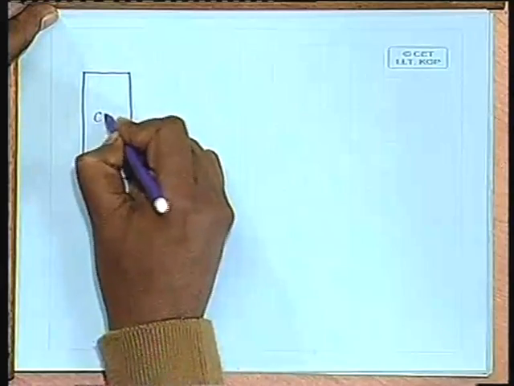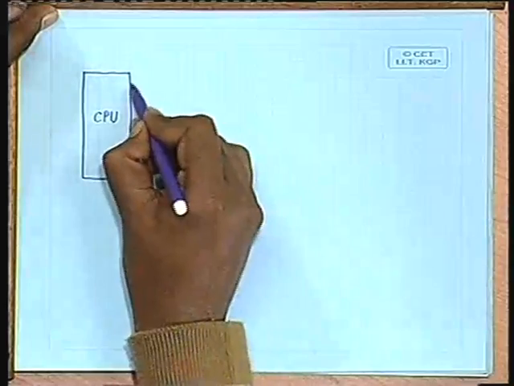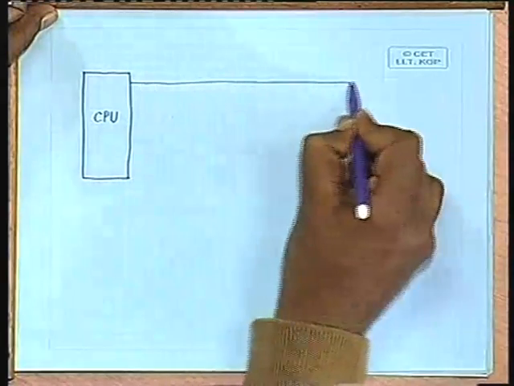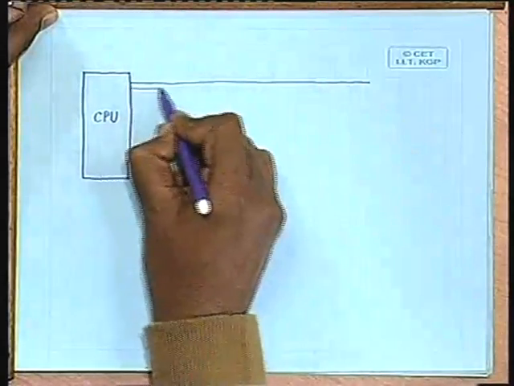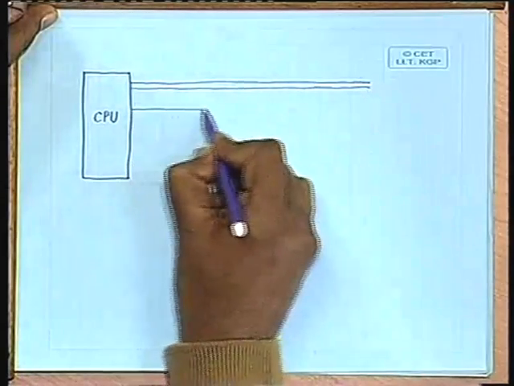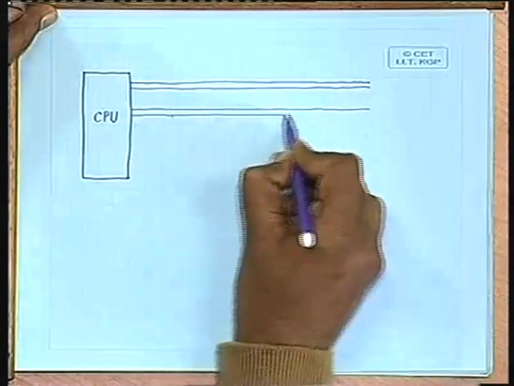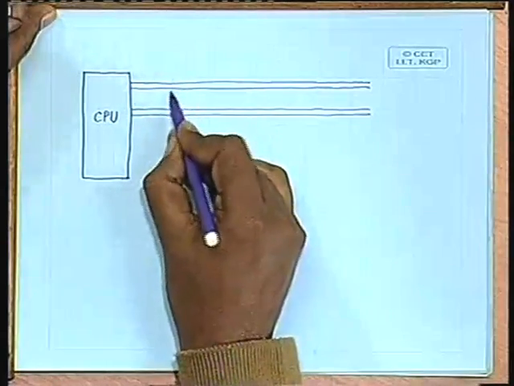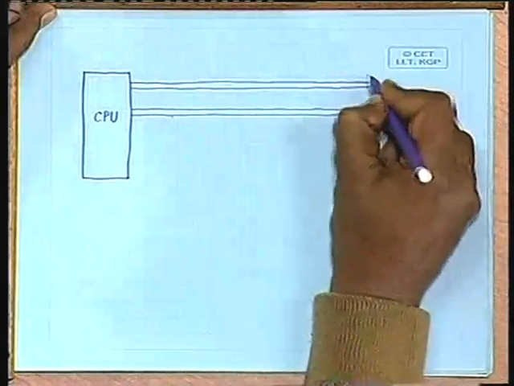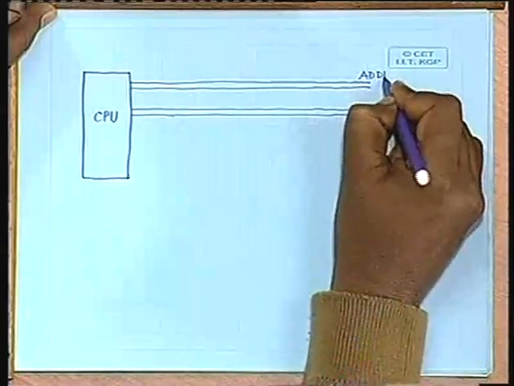this is the central processing unit. It will have a number of pins using which we can interface the CPU with external memory, or we can interface the CPU with input output devices. A set of such pins are called the address lines or address bus.